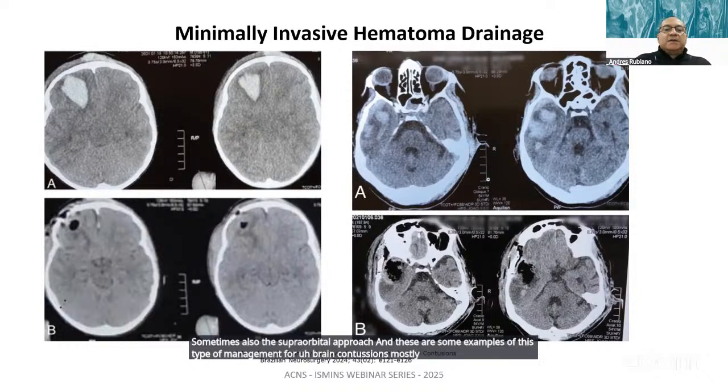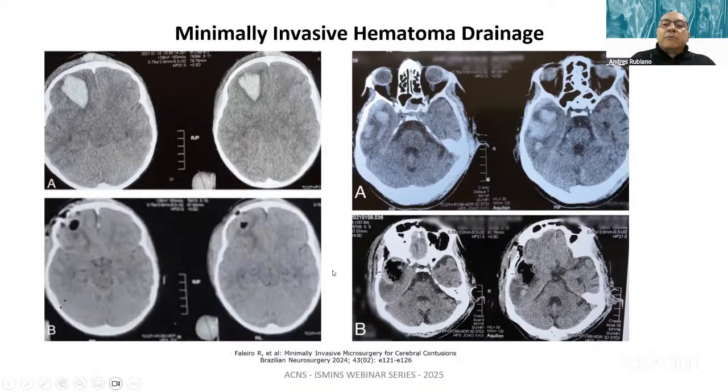This is a group that has been studying more and more this type of approach in Brazil. So we have some cases here also with minimally invasive procedures.